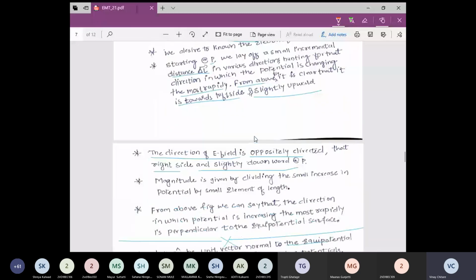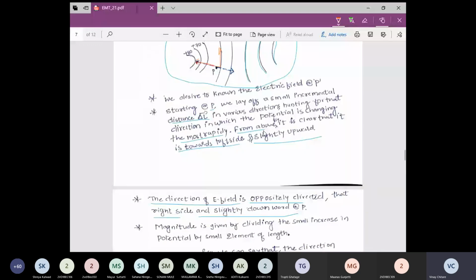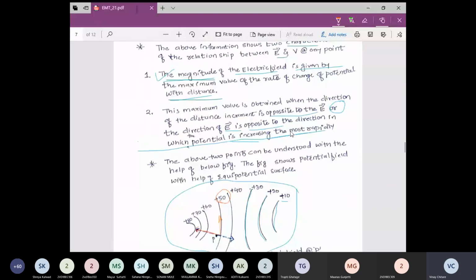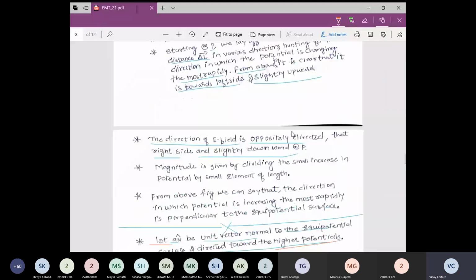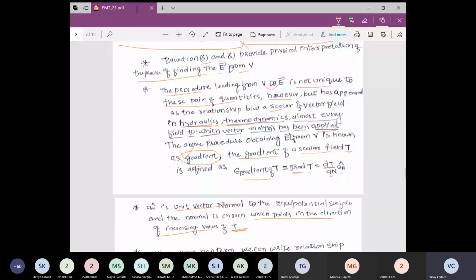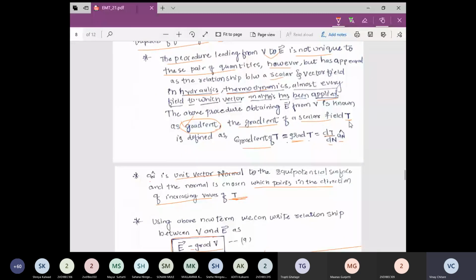This particular thing is being applied in many different disciplines, and it has got the name gradient. So if you ask me what the gradient of a scalar field is, from a mathematics point of view, and here we have taken it as T, we write it as dT by dn.